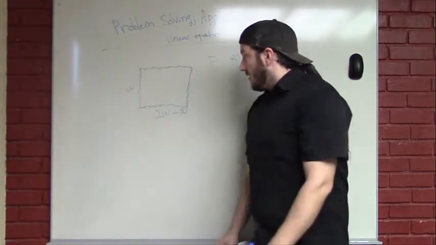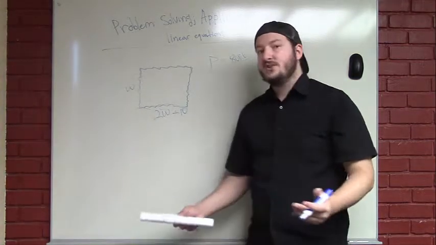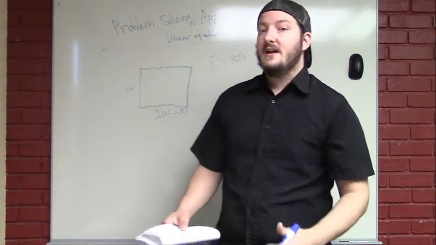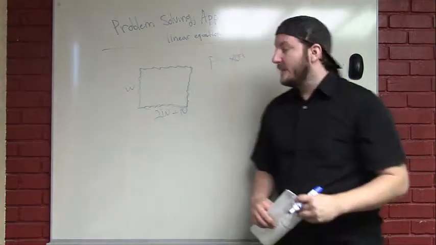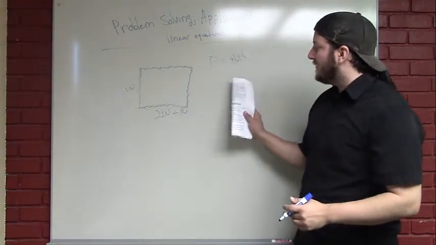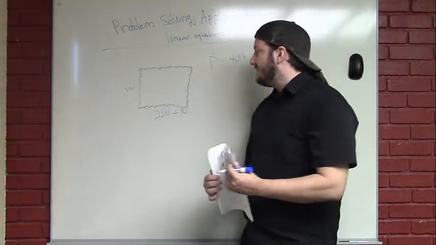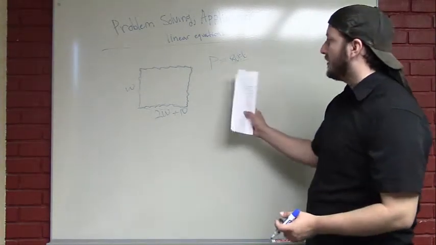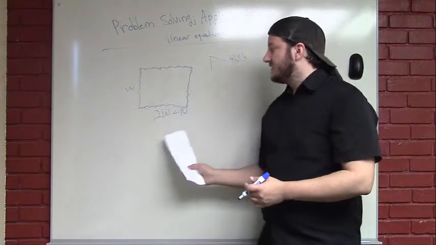What do dimensions mean? Dimensions mean find the length and find the width. So what we're going to have to do here is relate what they gave us. They gave us the perimeter, and they gave us some information here.